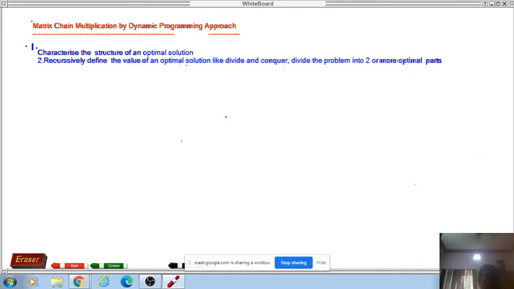You have to go for these two or more optimal parts recursively. This helps to define what the solution will look like. This is the second step we have to do.